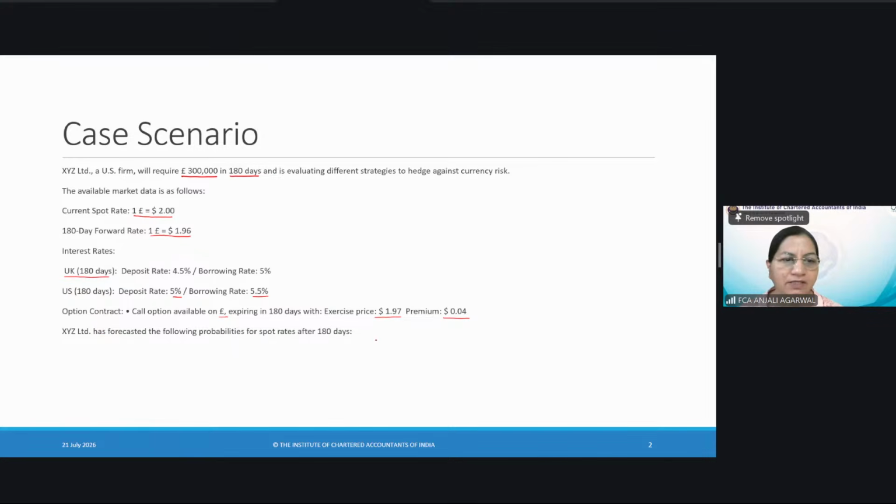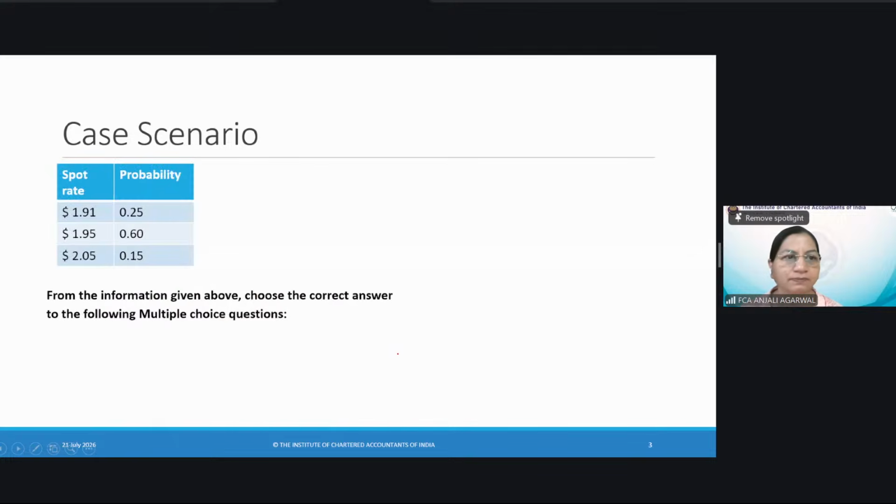XYZ Limited has also forecasted the probabilities for spot rates after 180 days as follows. The spot rate could be 1.91, which has a probability of 0.25. It could be 1.95 with a probability of 0.60, or it could be $2.05 with a probability of 0.15.